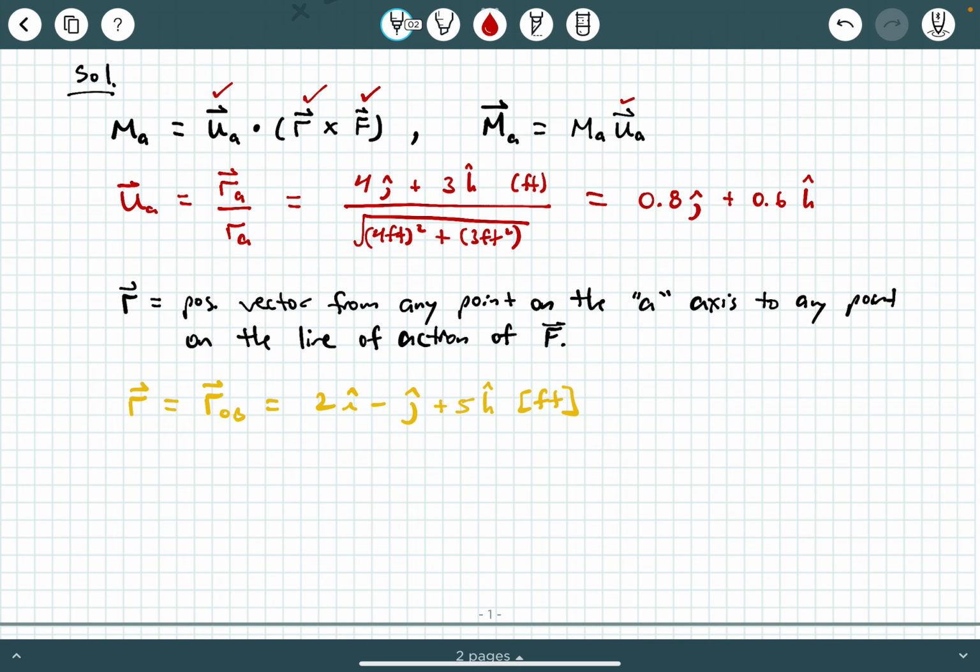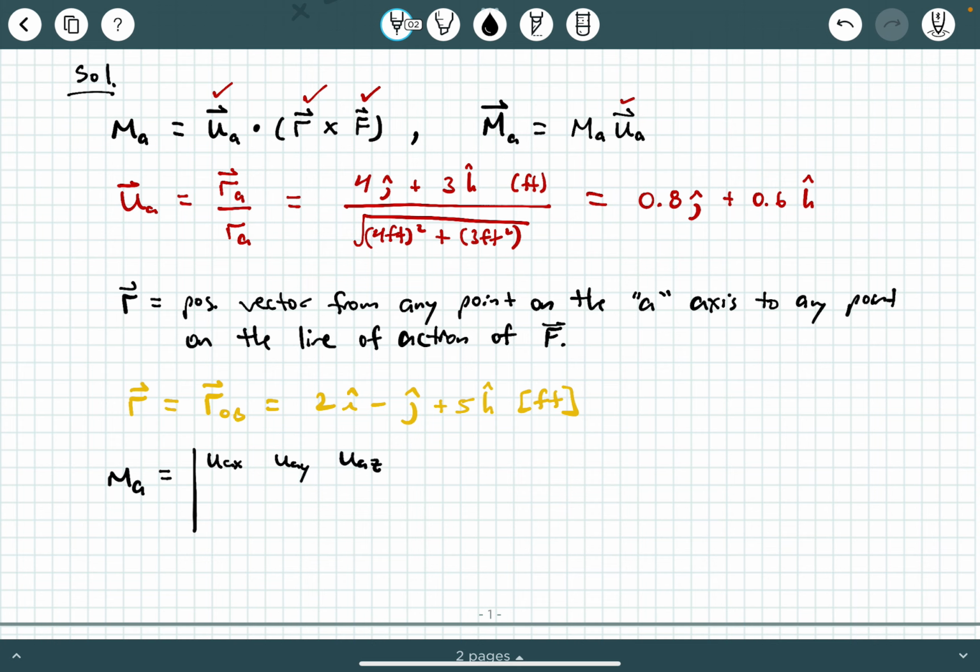So how am I going to evaluate the magnitude of this moment about the A-axis? Well, I'm going to use a 3x3 determinant. So if you're a little rusty on this, go back and look at the background video. M_A is going to be this 3x3 determinant. The top row is going to be made up of the components of u_A, all right? So we're going to have u_Ax, u_Ay, u_Az.